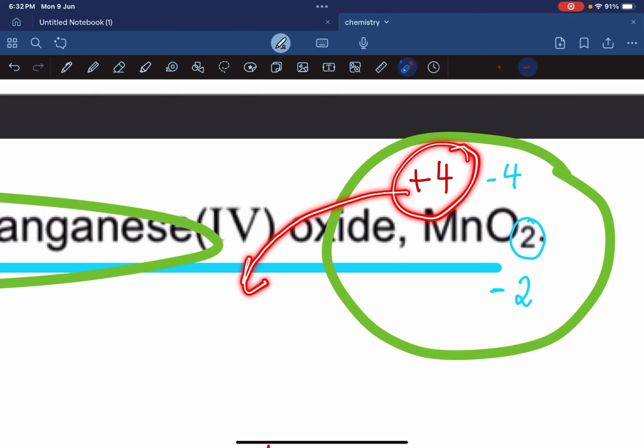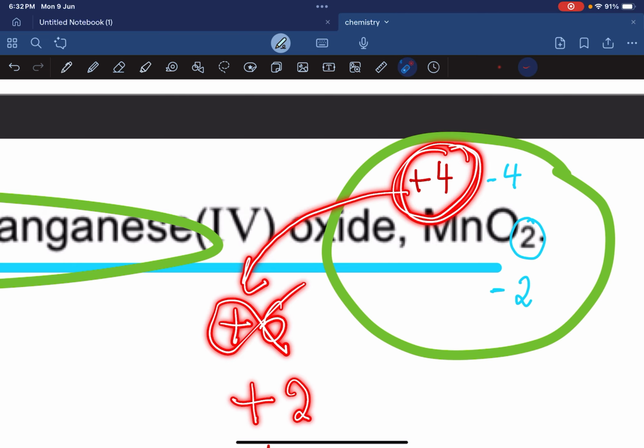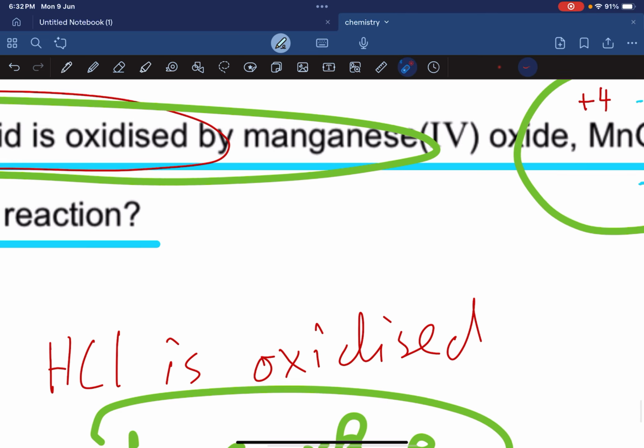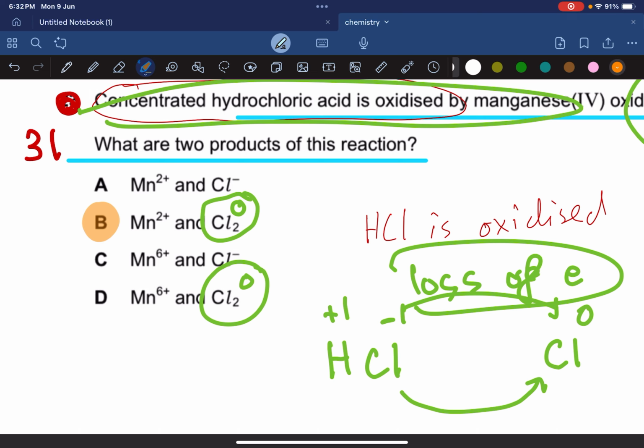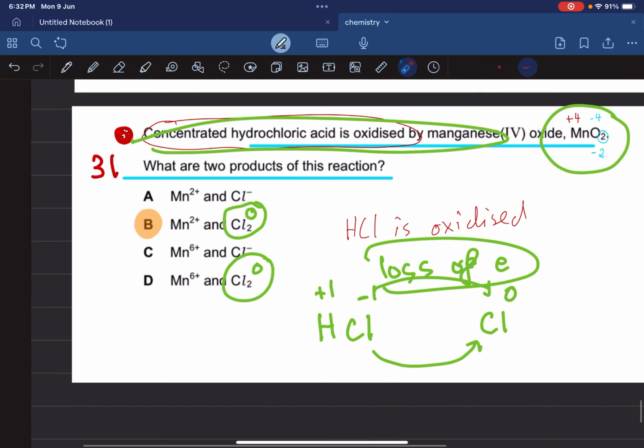So from plus 4, it cannot go to plus 6. From plus 4, it has to go to plus 2. That is reduction. Plus 6 would be oxidation. I know it was challenging, but you just have to understand the basics. What is oxidation? It is loss. What is reduction? It is gain. And you're going to figure it out.